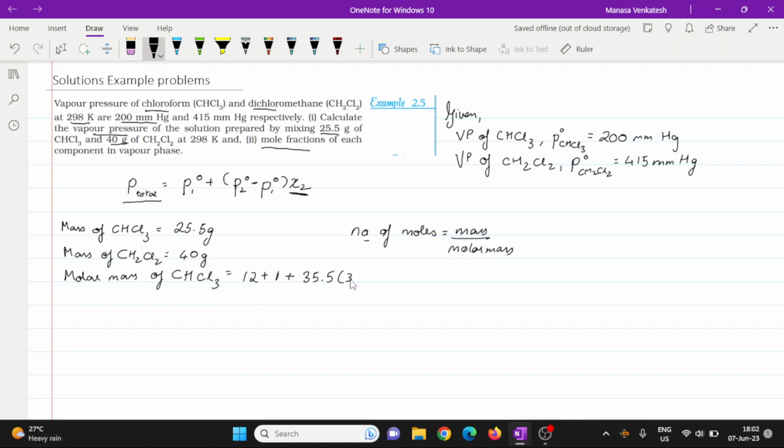So you should be able to find it in a periodic table anywhere, right? So the molar mass for this would be all of this total. When we add all of this, we get 119.5 grams per mole.